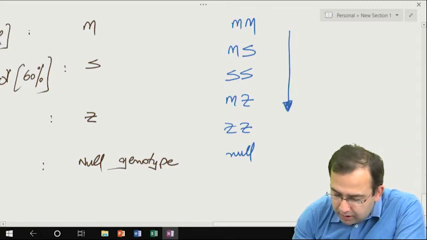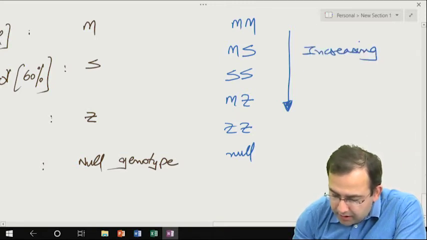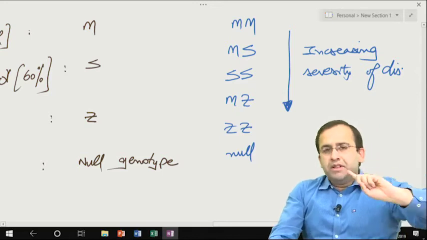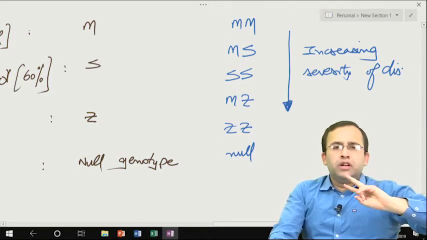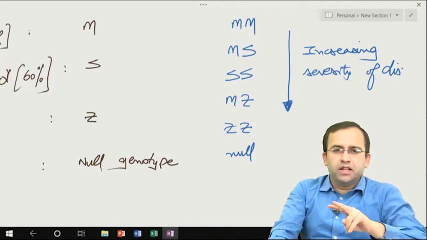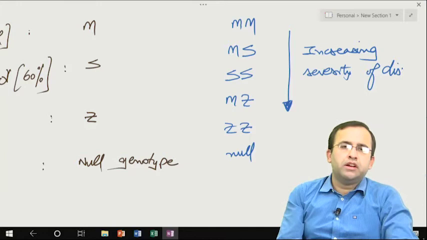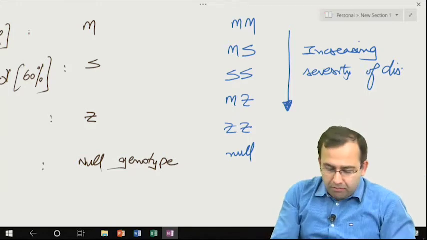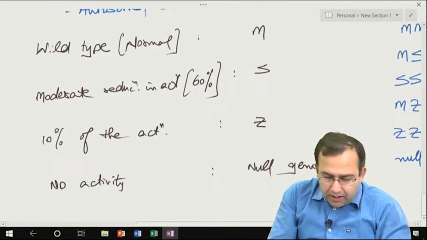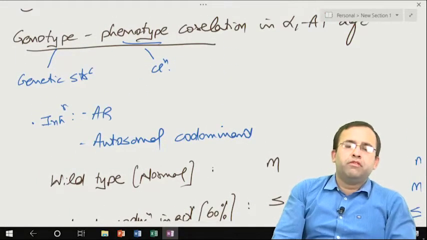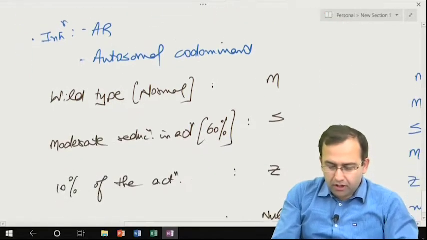This is increasing severity of the disease. See, M is 100, MM 100 plus 100 is 200, MS 160, SS 60 plus 60 is 120, MZ 110, ZZ 10 plus 10 is 20, null is no phenotype. So this is the genotype phenotype correlation.